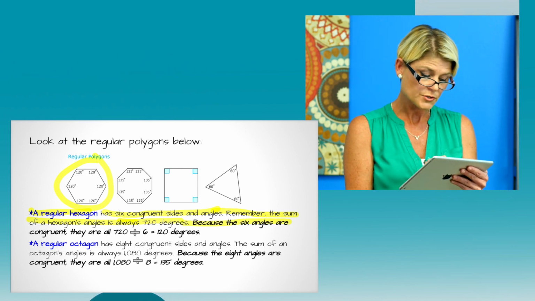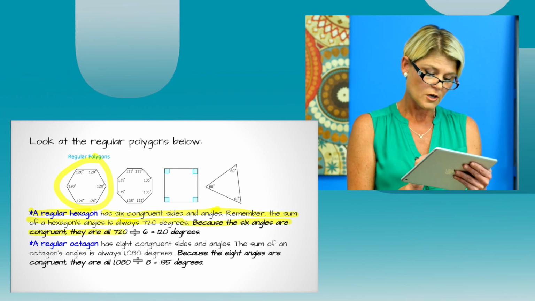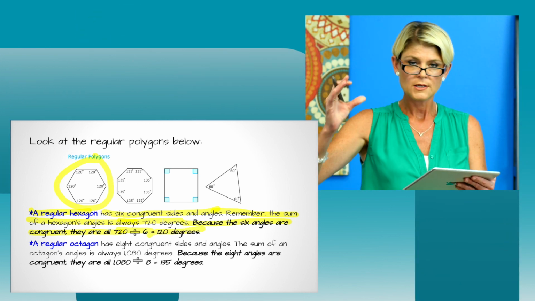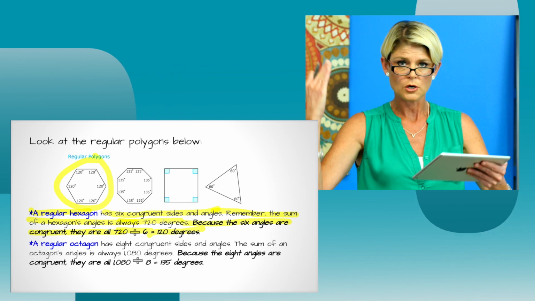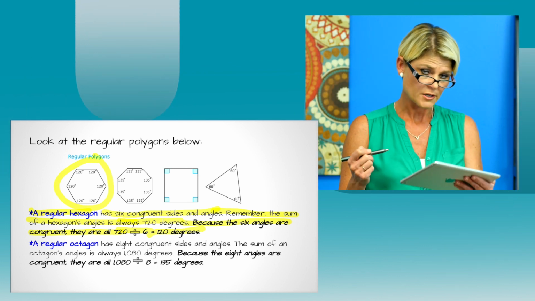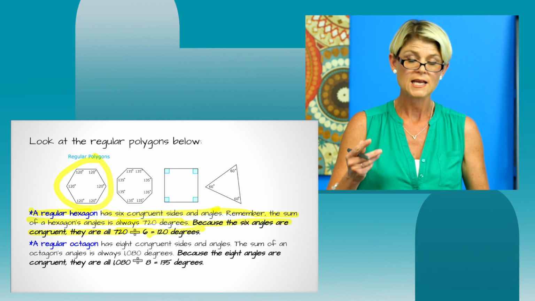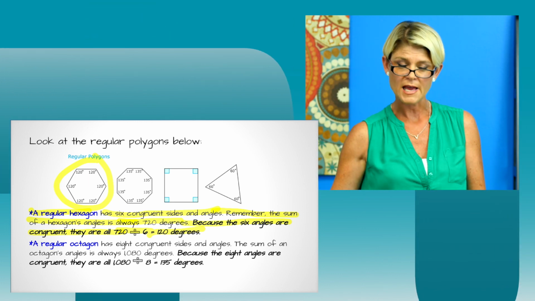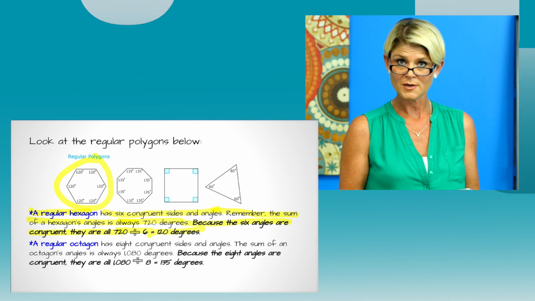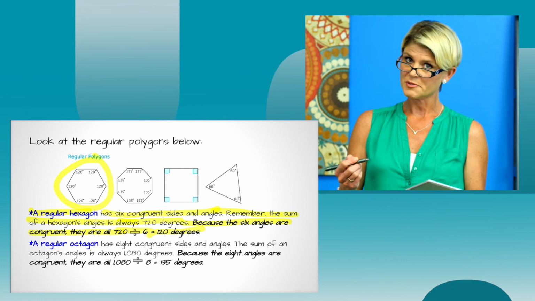Because the 6 angles are congruent, they are all 720 divided by 6, 120 degrees. So basically, you just take what you know to be the sum of all the interior angles, which is 720, and divide it by the number of angles that the shape has, in this case, 6. 720 divided by 6 equals 120 degrees.